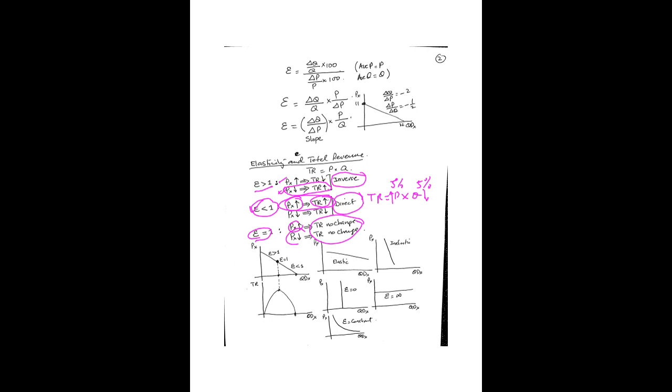Okay, so these are different types of diagrams. First diagram that I'm going to consider is this. Let me first erase this. So this is the first diagram. Remember that I told you that if you have a demand curve that is a straight line, the slope of this demand curve is constant.